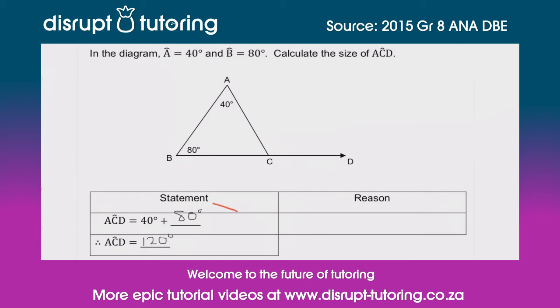But what's very important is for you to state why you know that is going to give you angle ACD. And we know that a very important theorem, okay, when it comes to triangles and geometry, is going to be the exterior angle of a triangle is equal to the sum of the interior opposite angles. Okay, so what does that mean?